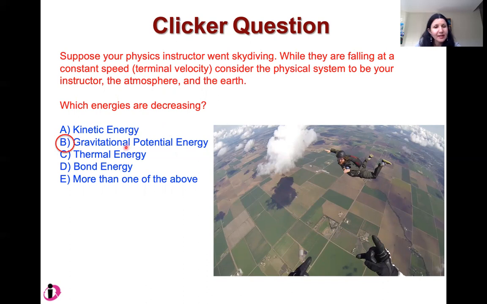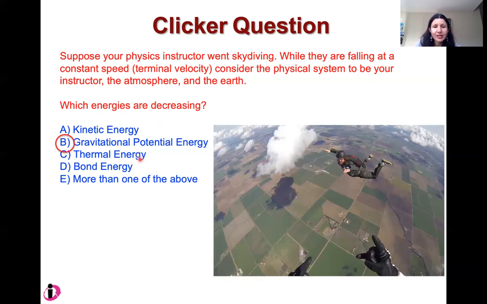No. He's moving down, and what else are you told? That he's falling at a constant speed, which means he's reached terminal velocity. Constant speed just implies it's no longer changing, so kinetic energy is neither decreasing nor increasing. Gravitational energy is decreasing because he's getting closer to the ground.